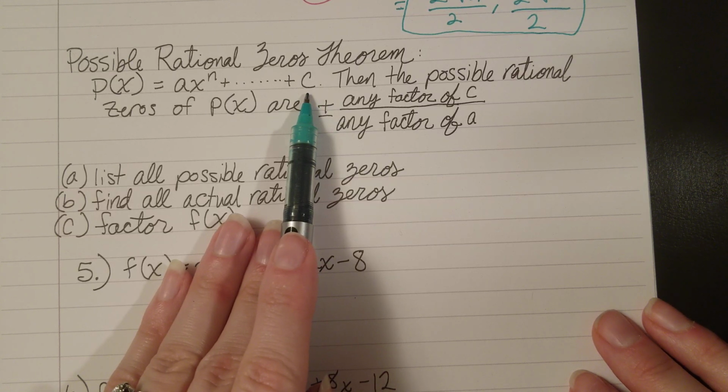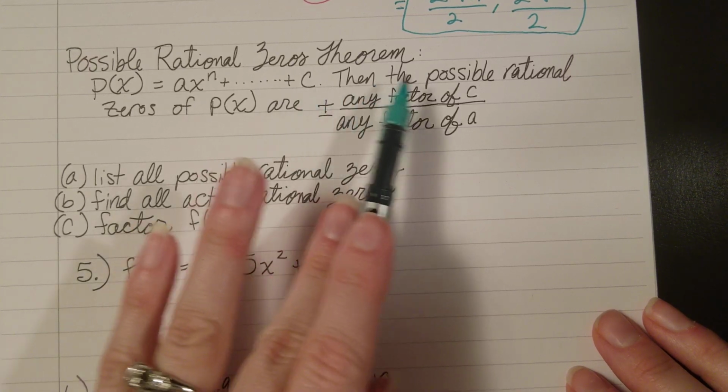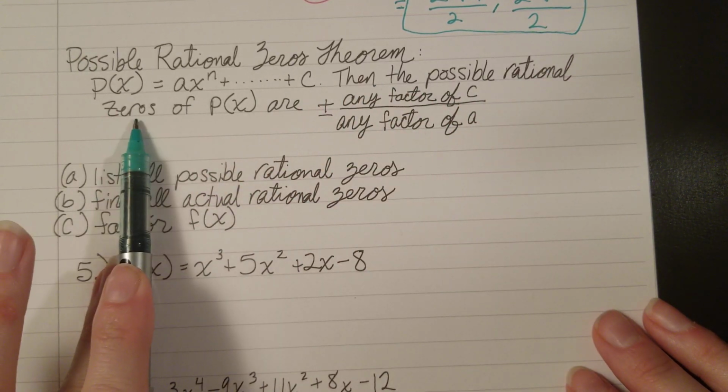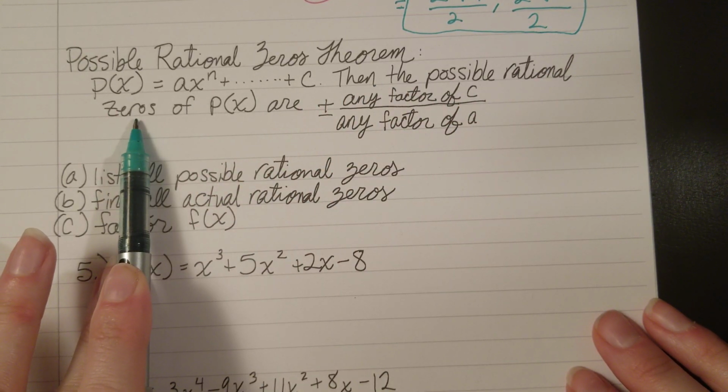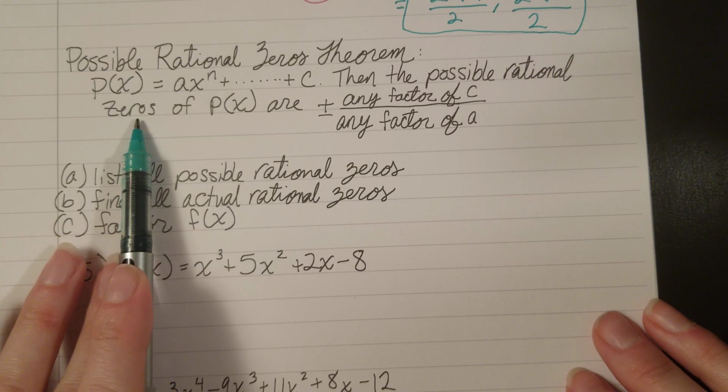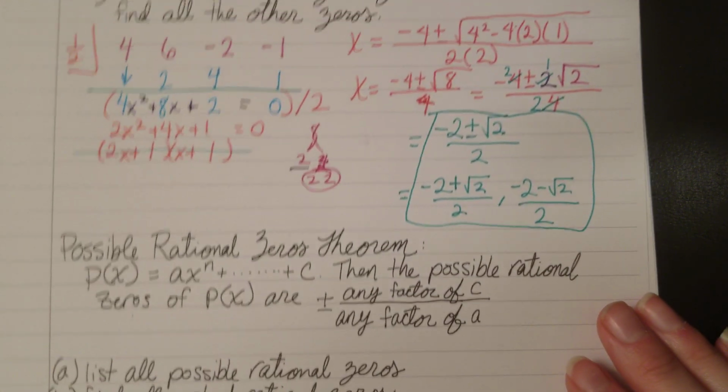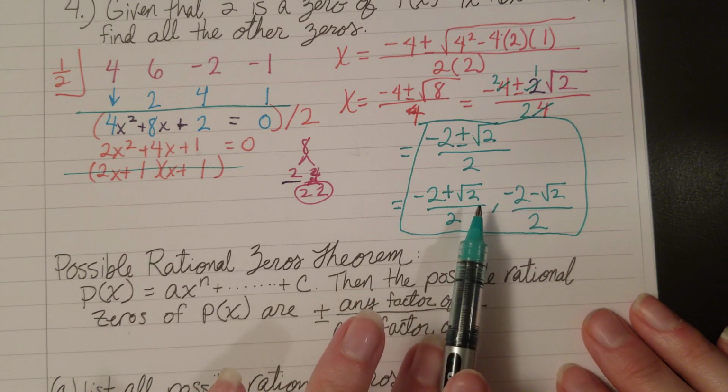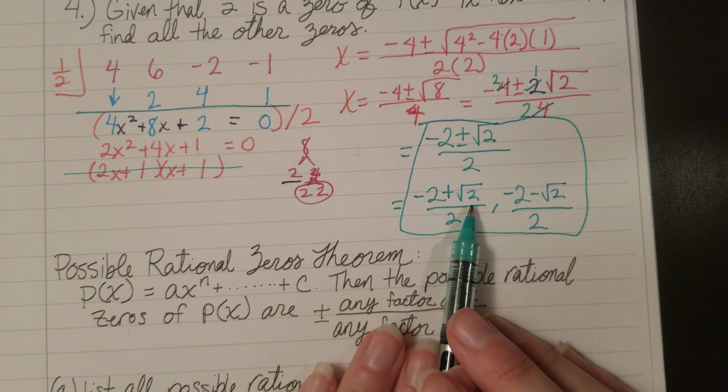All right, so in that case, you can come up with a finite list of possible rational zeros. Okay, so if you have a number that has a square root in it that can't be simplified any further, that is irrational. So that's not rational.